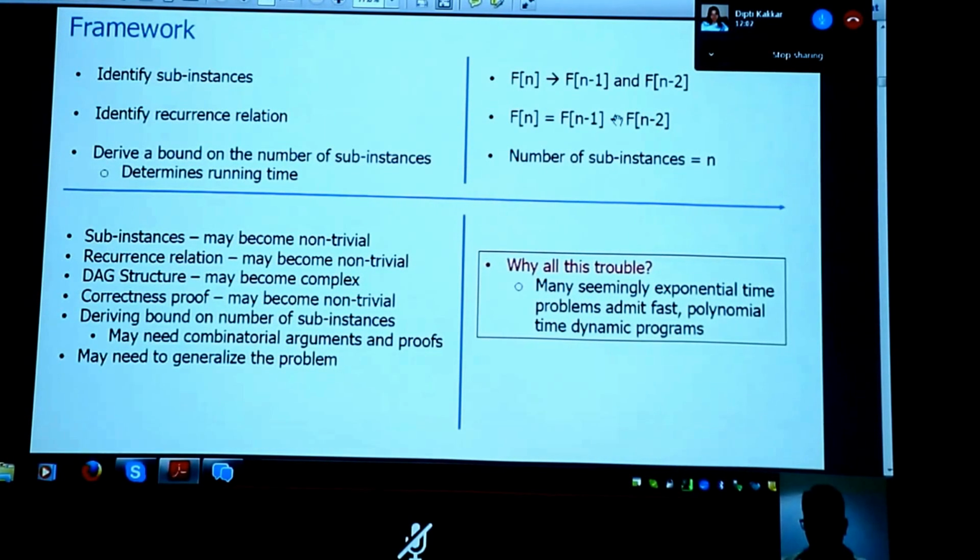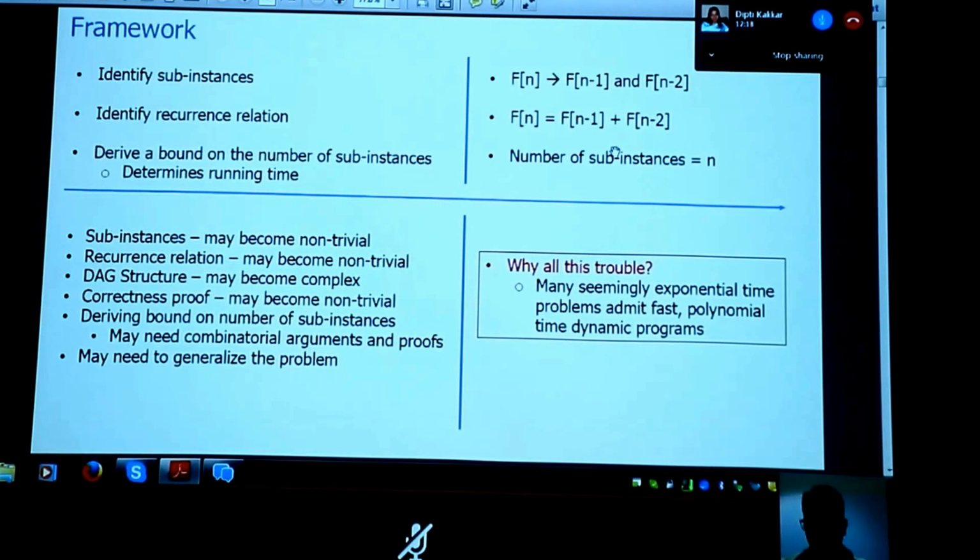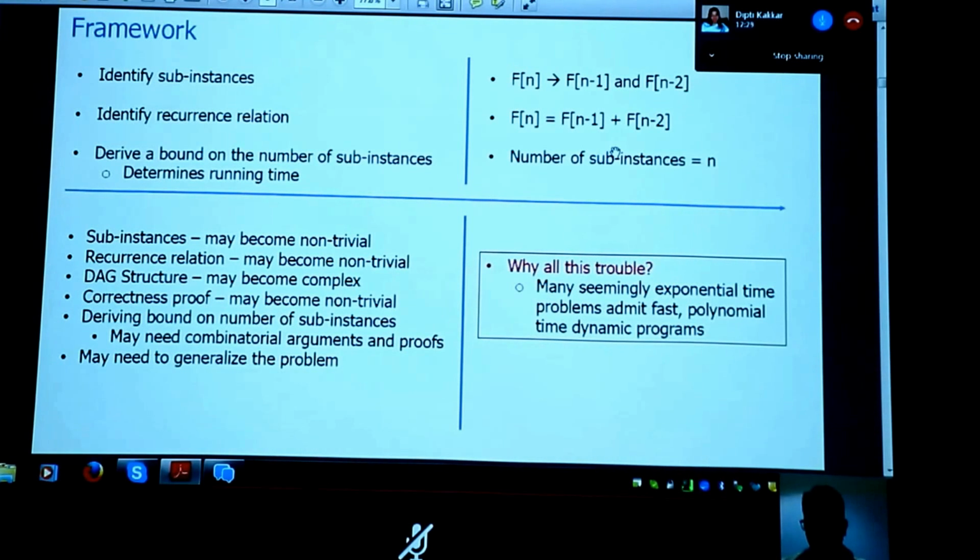There should not be too many sub-instances sitting there, so we have to derive a bound on how many of them there are. In the case of Fibonacci, it's easy. We are just finding f of 1, f of 2, f of 3 and going up, so there are only n sub-instances. It's a linear time process. That is how the general framework works, with Fibonacci as the toy example.